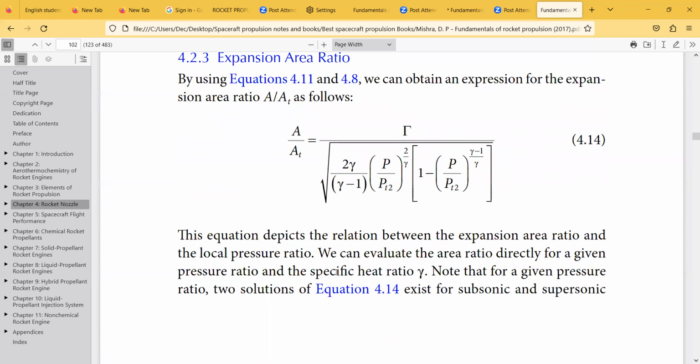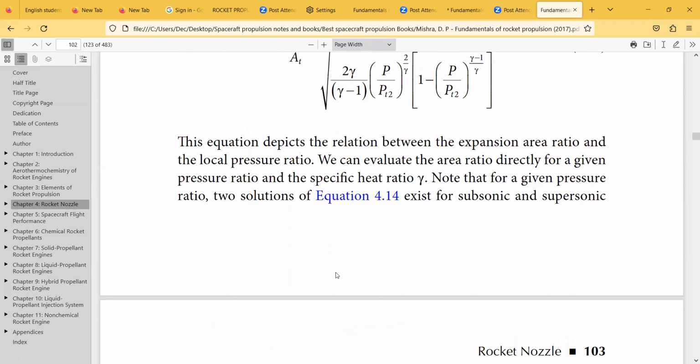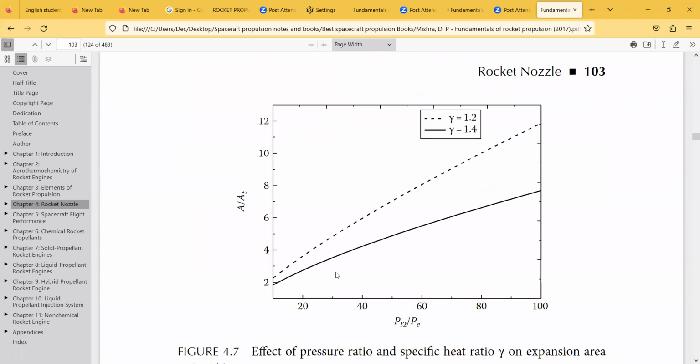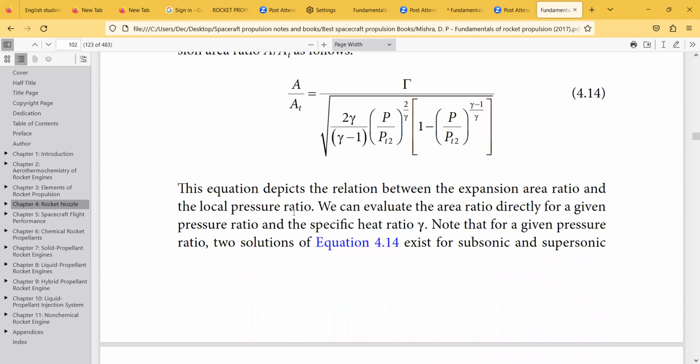Anyways, there is some explanation here related to the area ratio or expansion ratio. Expansion area ratio relation, let me say. This is a simple relation. This equation depicts the relation between the expansion area ratio and the local pressure ratio. So you can say pressure ratio here, area ratio. Even for this symbol there is a specific heat ratio property.